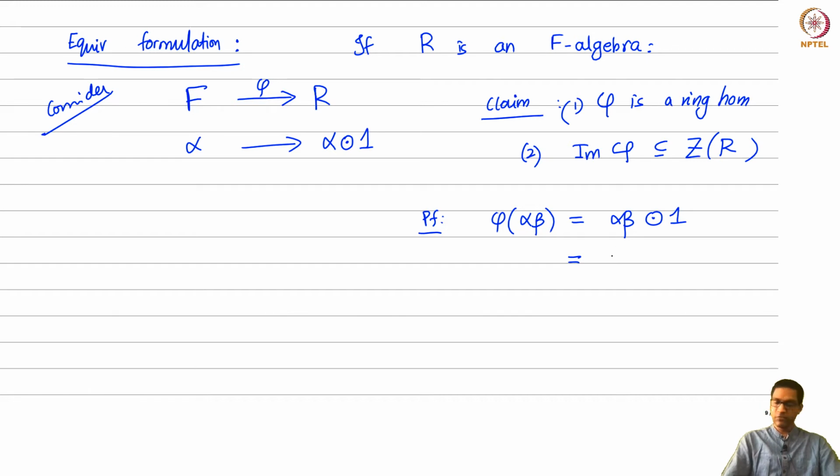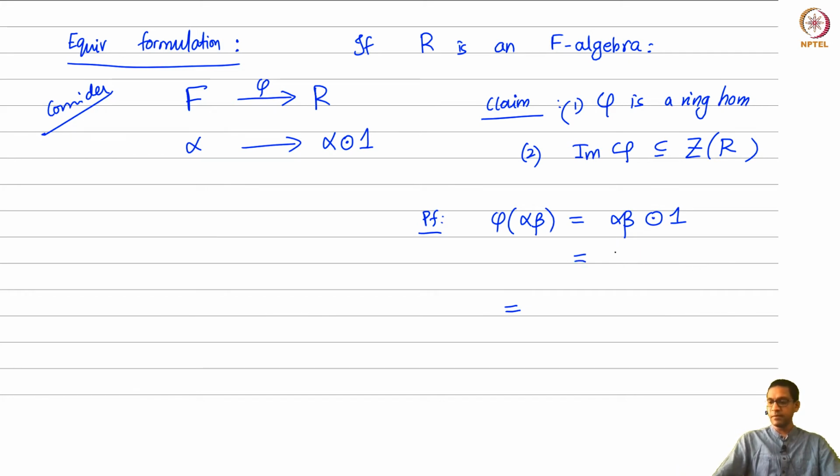Well, one way of doing this is to say it's alpha beta scalar multiplying 1 into 1, because the multiplicative identity is just 1 times itself. And now alpha beta is a scalar, so maybe we'll do that in the next step just for clarity.